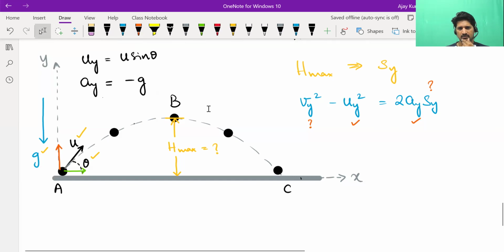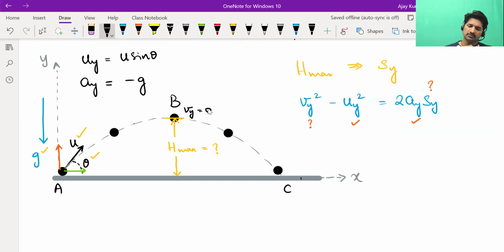Sir, it will be 0 in the y component. Good, correct. We know that since B is the point of maximum height, the velocity in y direction there becomes 0. We had discussed this before also. So that is also known to us. And since we know these three, this is the appropriate equation to use to derive Hmax.